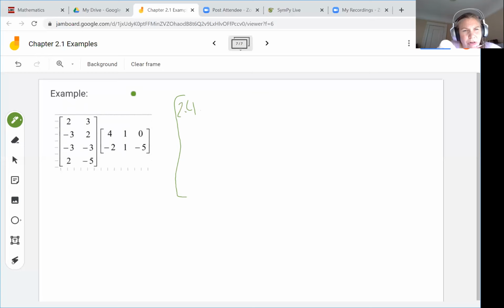And then we are going to add to that 3 times -2. That very first entry, I'll keep a running entry down here, is going to be 8 minus 6. So that's going to work out to be 2.